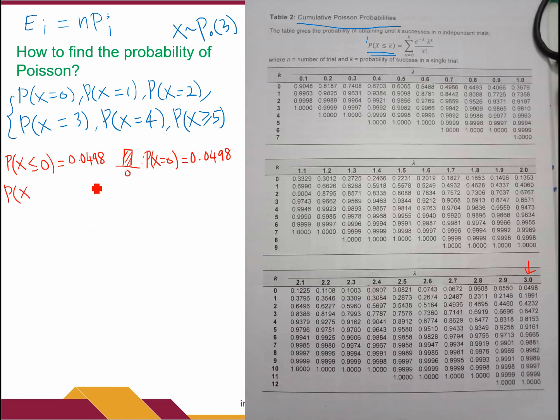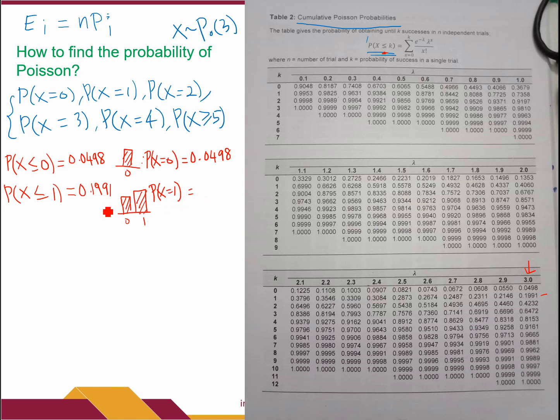How about if we want to find Px is equal to 1? First let's look at k is equal to 1 here. Let me rewrite the formulas here. Px less and equal to 1, the value would be 0.1991. So that means when we shade the region, this value is for 0 and 1. 0.1991 is for the probability of 0 plus 1. So how to find the probability of Px is equal to 1 only?